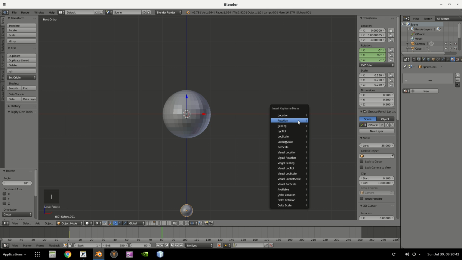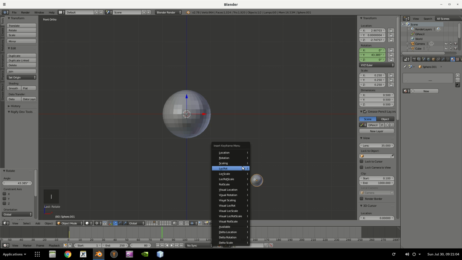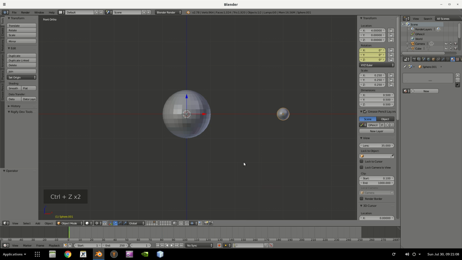So I'm going to insert rotation over here, and going from this frame to another, what? Something's not right. Oh, I haven't applied the scale and anything else. Rotation and scale, and also the location, I guess.